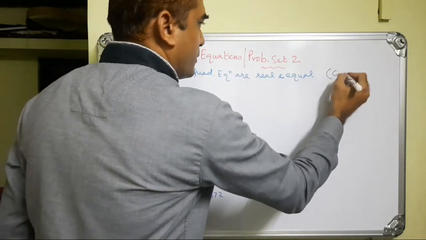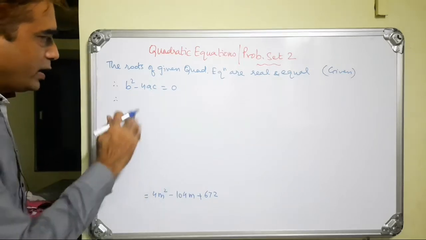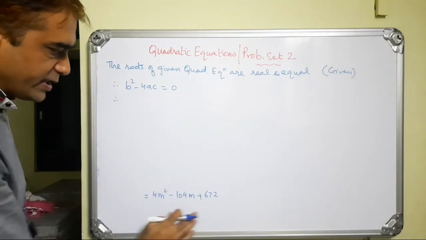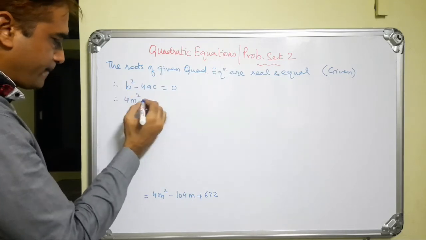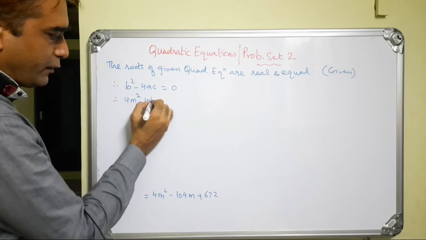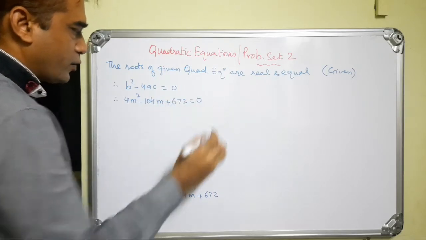This is given, therefore b² − 4ac is 0 and the value of b² − 4ac is this one. So therefore 4m² − 104m + 672 = 0.